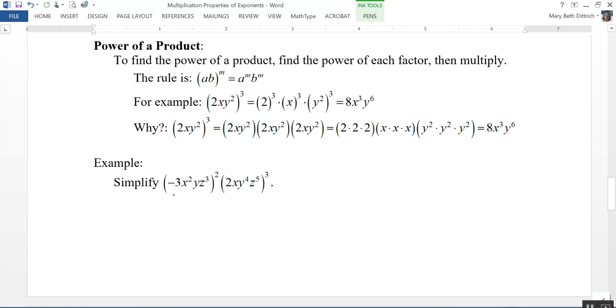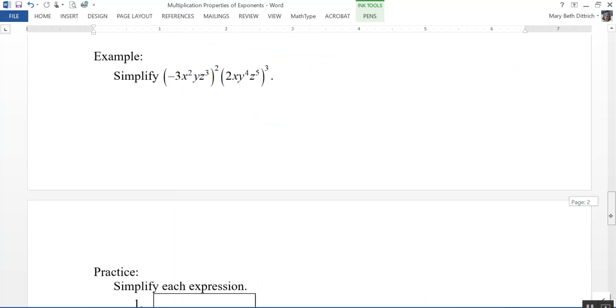Here we have negative 3 x squared y z to the third power, the whole thing squared, times 2x y to the fourth z to the fifth, the whole thing to the third power. So let's deal with each part of that. Let me give myself a little more space here.